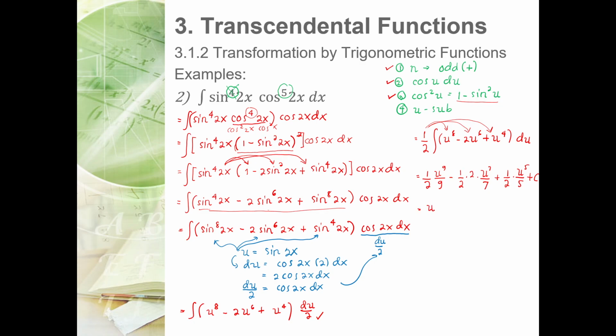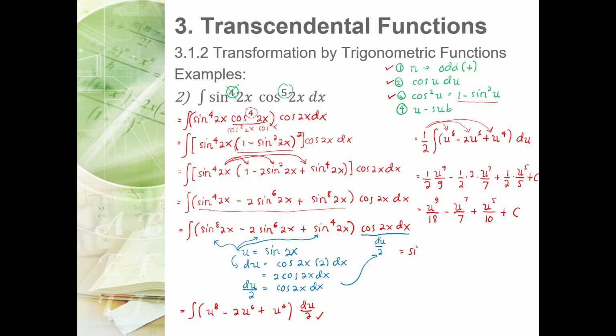Multiplying, you have u to the power of 9 all over 18. Negative 1/2 times 2 will only be u to the power of 7 all over 7. Lastly, you have u to the power of 5 all over 10 plus c. So for the final answer, replace u with sine 2x.